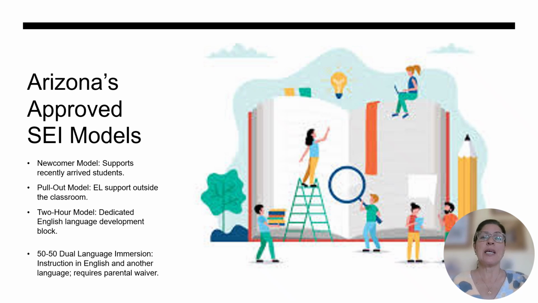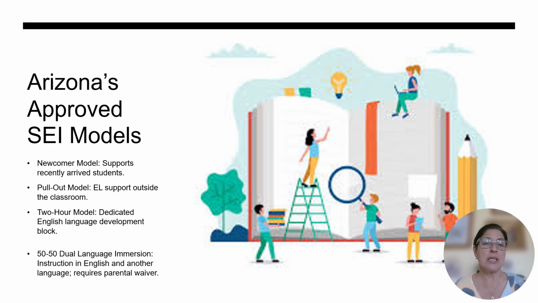Arizona schools select SEI, Structured English Immersion, program models based on students' English proficiency levels, educational backgrounds, and academic needs to provide targeted instruction and language development support effectively, as follows. Newcomer model is one that supports recently arrived students.